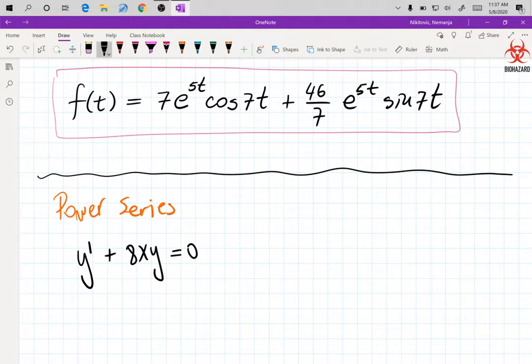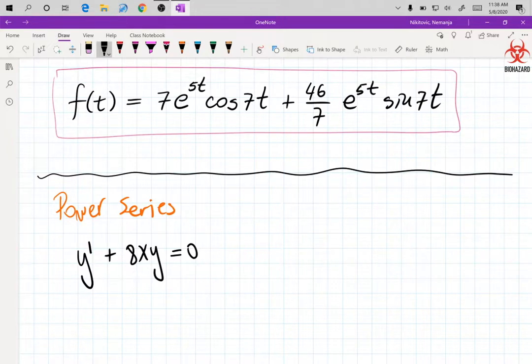In general, I'm not sure if they mentioned that in the book or not, we understand first order equations very well, and we pretty much never use power series because we have so many other ways to solve differential equations. Differential equations that are second and third order are generally the ones where you hit them with a sledgehammer called power series. Now, this problem you might be able to solve with other methods.